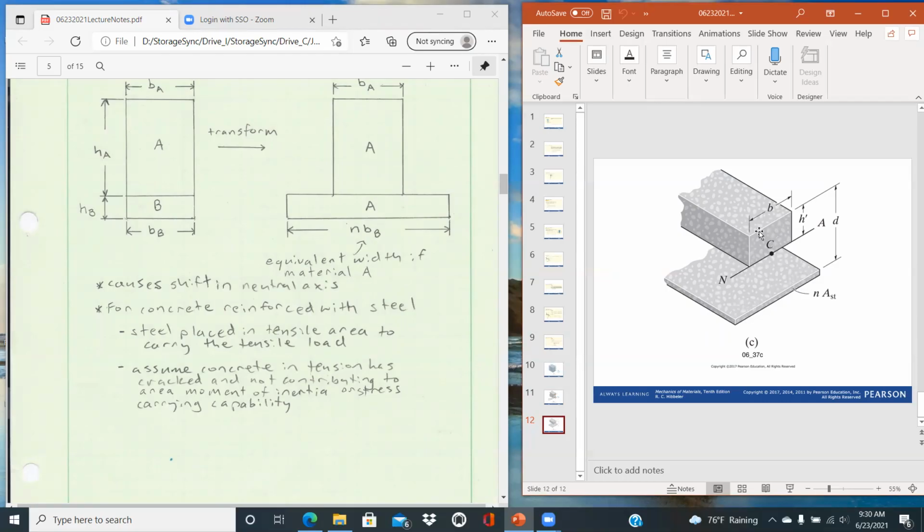And so then you get this weird shape where you have the steel in the bottom portion, the concrete in the top half, but it's transformed as if it was all concrete. With that, you can then solve the area moment of inertia. You would have to use the parallel axis theorem to do that, since those areas are non-symmetric about the neutral axis. And we have NA there to designate neutral axis.